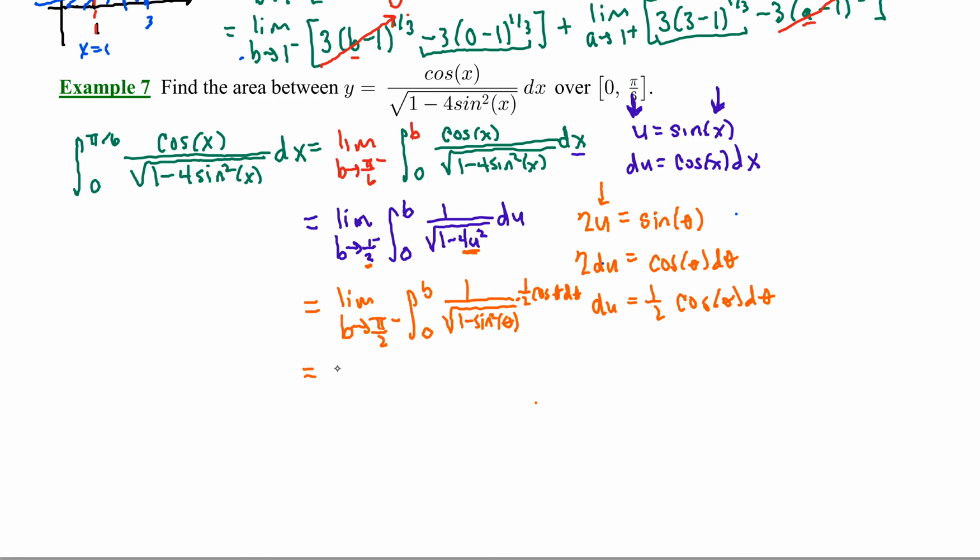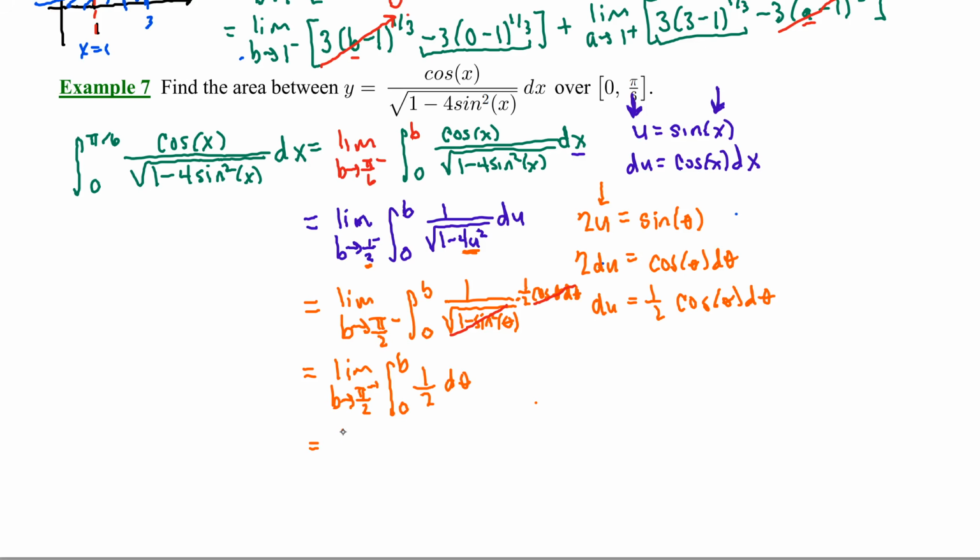We'll recognize in the radical in the denominator, we have 1 minus sine squared theta. That's equal to cosine squared of theta. And the square root of cosine squared of theta is cosine of theta. So when we simplify this radical, it's going to cancel this factor here. And we get a very simple integrand, 1/2 d theta.